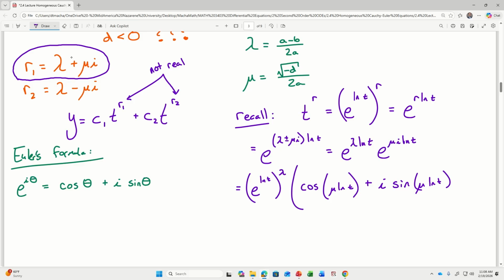And if I want to keep track of both of my r's, I guess I should really keep track of this plus or minus sign right here. So this is plus or minus mu i natural log of t, and then applying Euler's formula, this is going to be plus or minus mu natural log of t and plus or minus mu natural log of t.